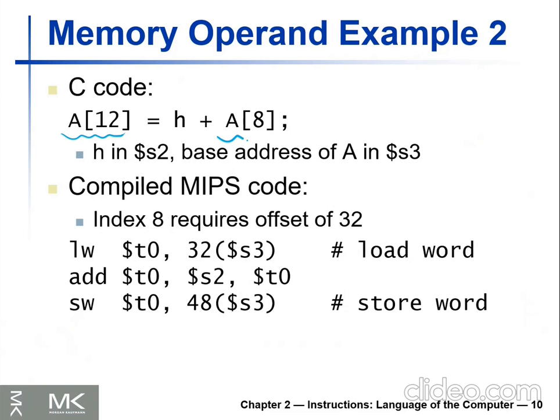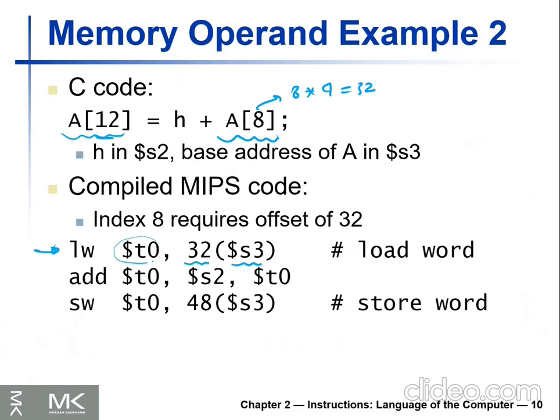So first we should load A of 8 to a register, do the arithmetic only on registers, and then store back the result into A of 12. So first we load, just like the first example, S3 plus 32, because 8 multiplied by 4 will give you 32.